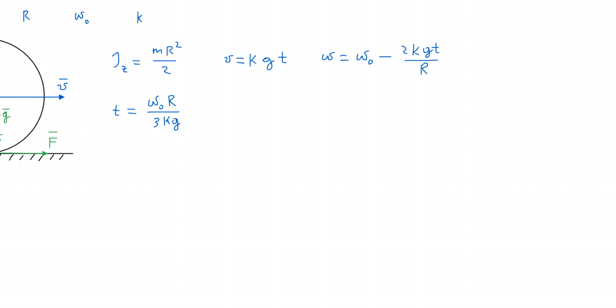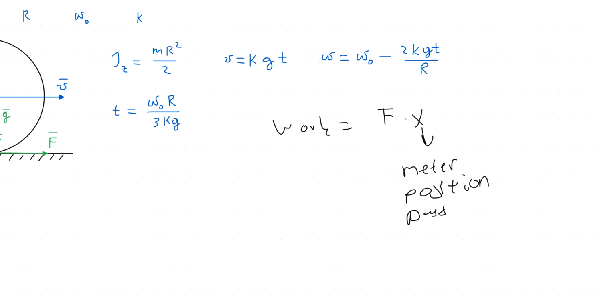So work, F multiplied by X, X is meter or relation. You mean F multiplied by path length. Yes, path length. But it is difficult to find this path length because we have complicated motion.